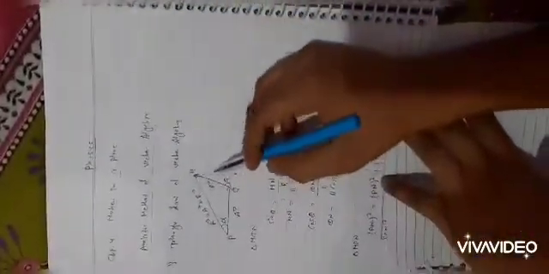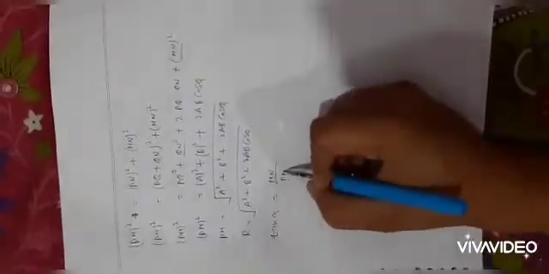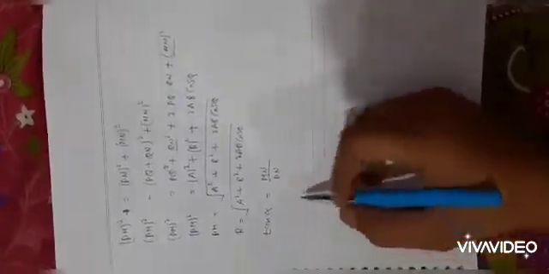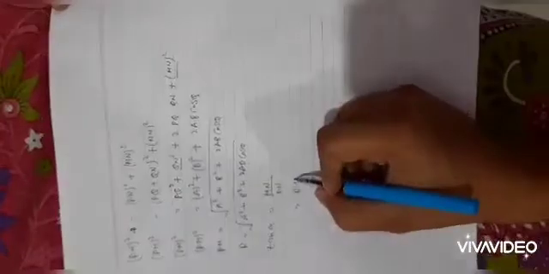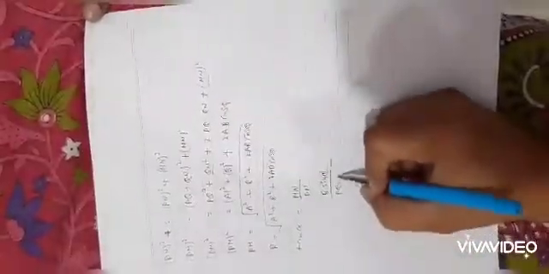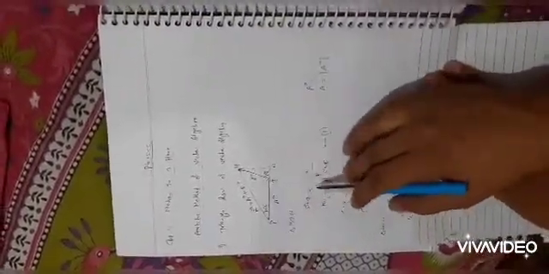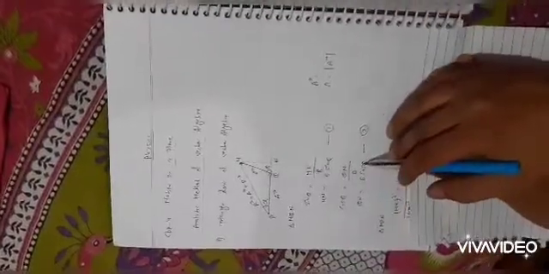Here the perpendicular is MN and the base is PN, and we know MN is B sin theta, so we replace it with B sin theta, and PN is PQ plus QN, where PQ is A and QN is B cos theta.